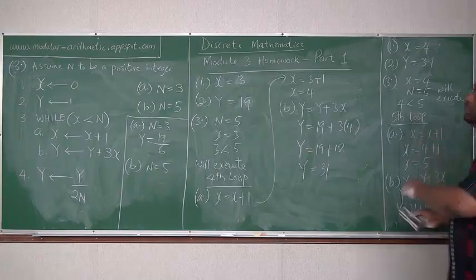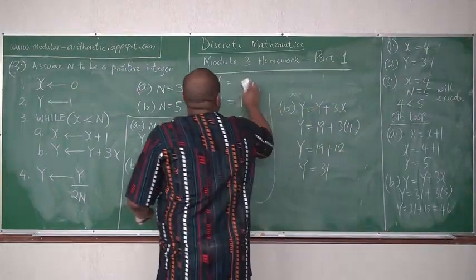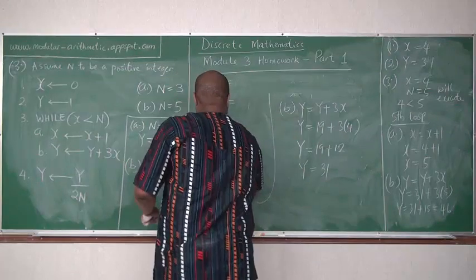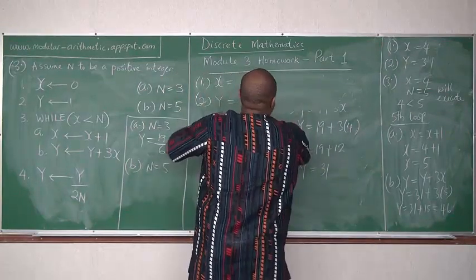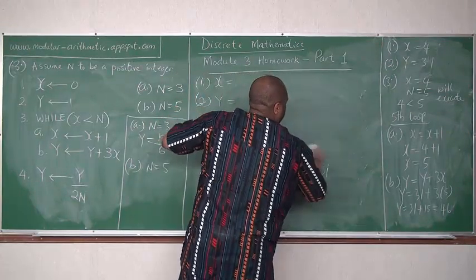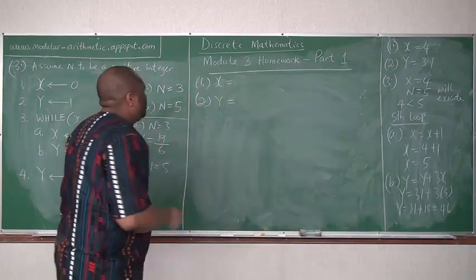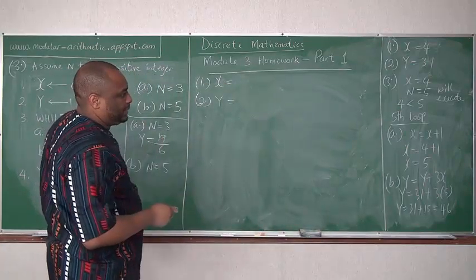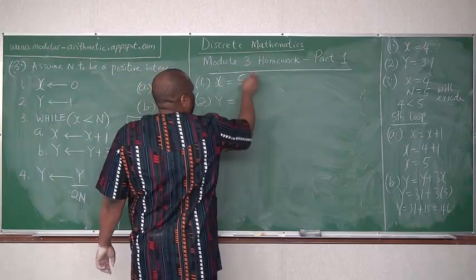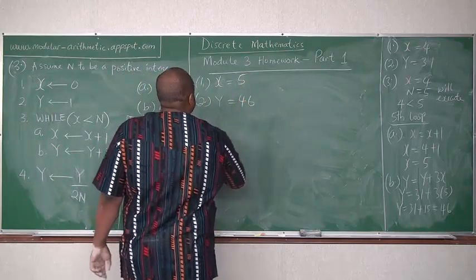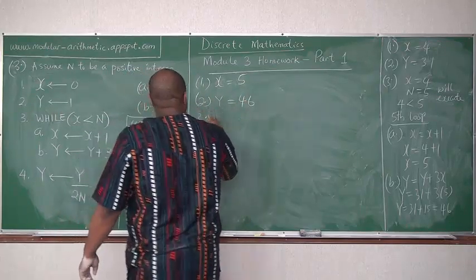Then we do this one again. While loop. So our new x in this case will be 5, and our y is 46. Then number 3.